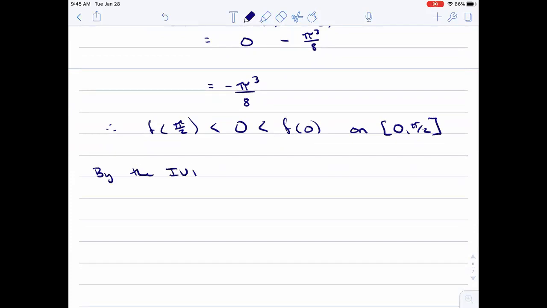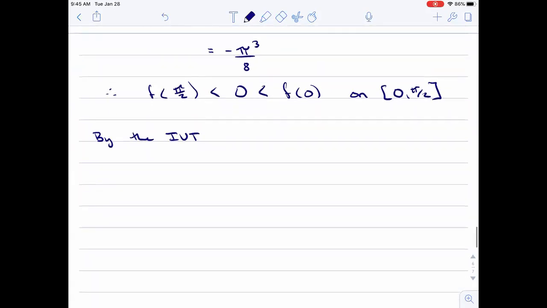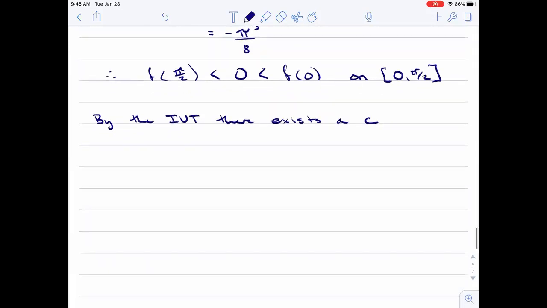By the intermediate value theorem, there exists a c in the, sorry, the open interval 0 to pi over 2, such that f of c equals 0.